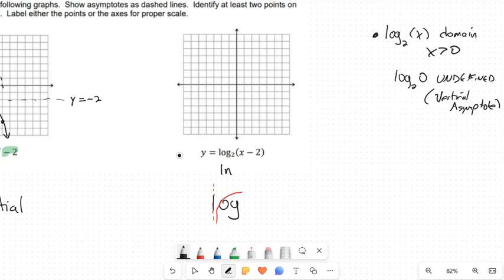Another fact that's important, log base 2 of 1 is 0. It's just a very nice fact. Log base 5 of 1 is 0, etc. And then I will utilize log base 2 of 2, which equals 1. Just some nice facts about logarithms. Okay, now in this problem, what's inside the log is x minus 2.